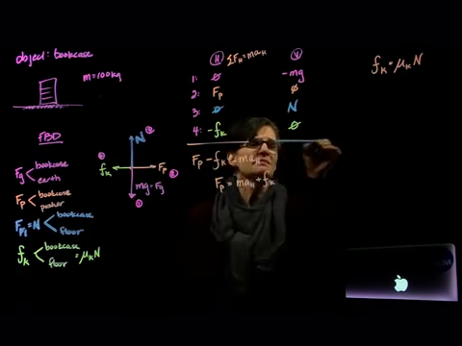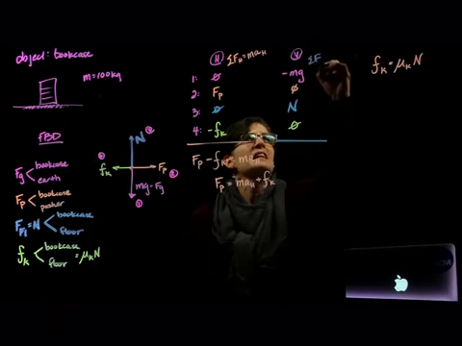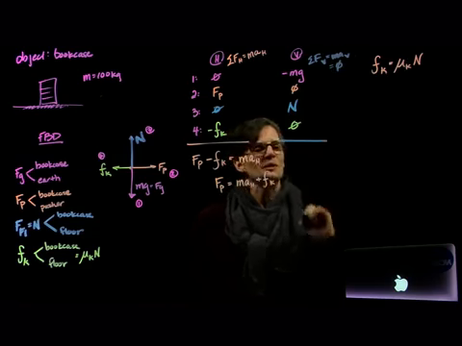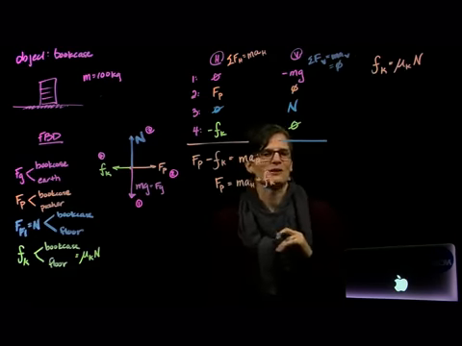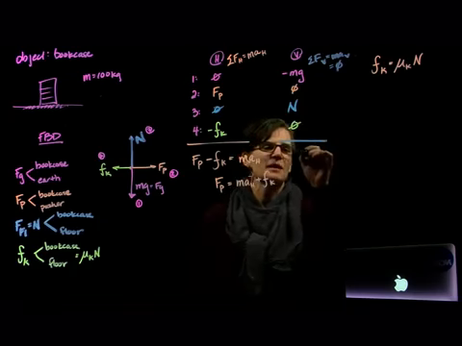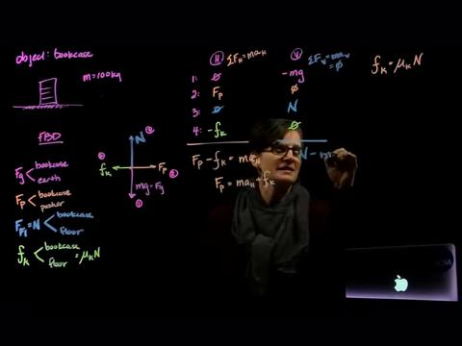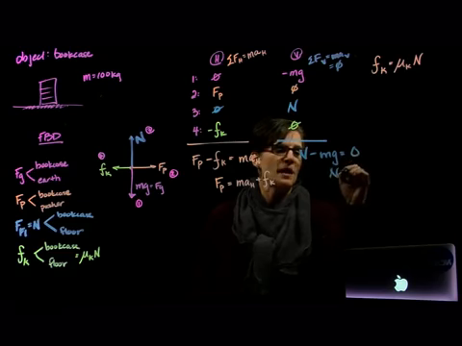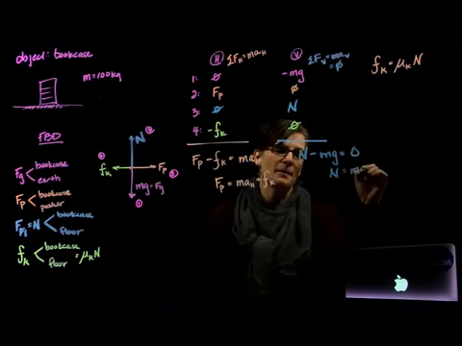So let's sum the forces in the vertical direction. They too equal the mass times the acceleration vertical, but we know there is no change in motion vertically, so that's equal to 0. Adding these up, I get the normal force minus mg is equal to 0. So my normal force is equal to mg.